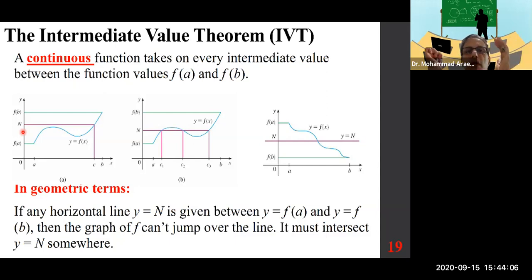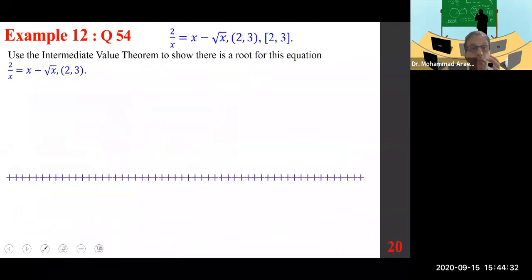So if it covers everything from A to B along the x-axis, it covers everything from f of A to f of B. And that is helpful when we want to find the roots. If we have a negative and positive value for f of A and f of B, 0 is in between. So it crosses the x-axis and it does have a root. That's the idea behind this, okay, class? All right.